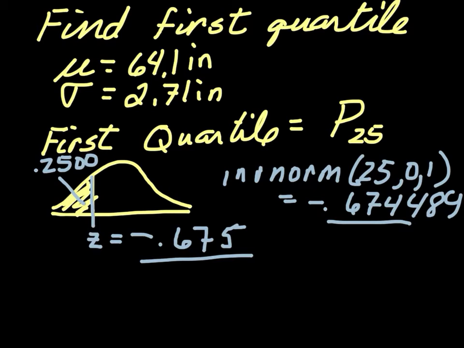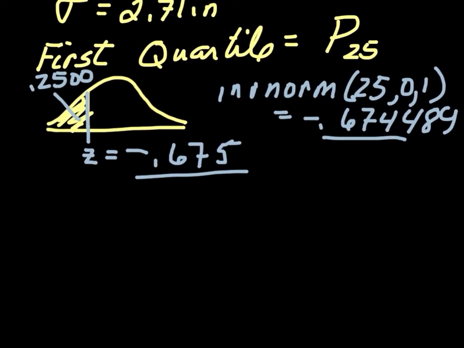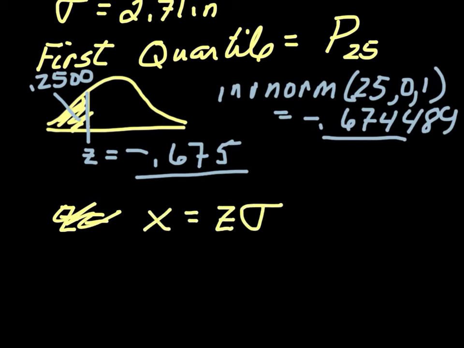So what we have found, first of all here, is we have found the z-score of the first quartile. So at this point, all I have to do, once I got the z-score, is I just need to convert that to data. So if I convert that to data, all I need to do is use the formula x equals z times the standard deviation plus the mean.